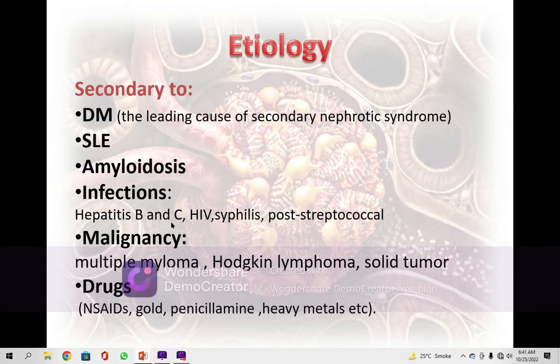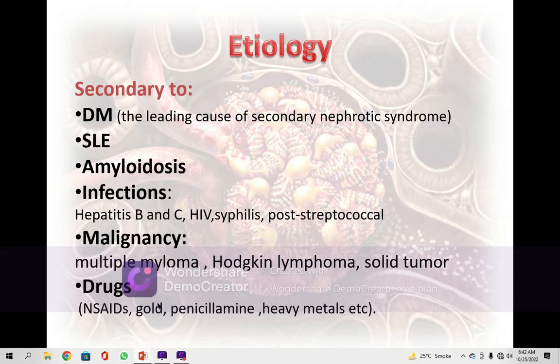Infections like hepatitis B and C, HIV, syphilis, and streptococcal infection will cause damage to the glomerulus. And malignancy like multiple myeloma, lymphoma, Hodgkin's lymphoma and solid tumors will cause an effect called a paraneoplastic effect on the kidneys, and it causes massive proteinuria.